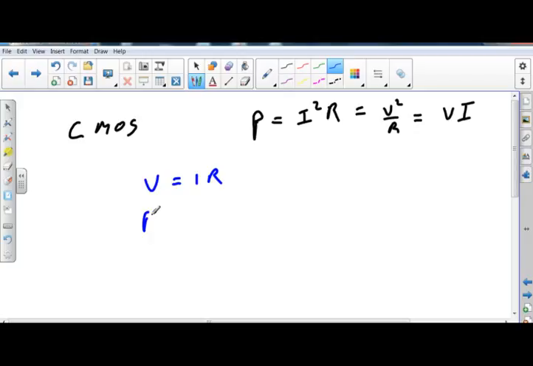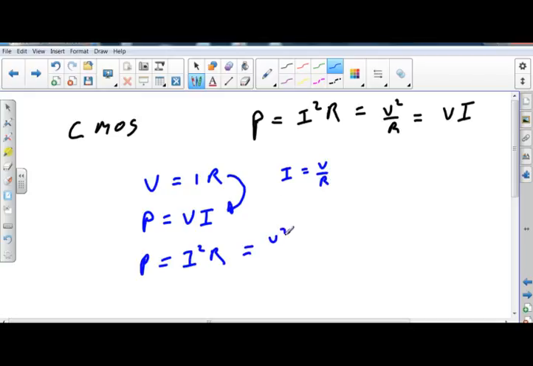And then you have power is voltage times current. And then you can substitute this back into that equation. So power, if I substitute the V as IR, I can have I squared R. If I rewrite this and say current is voltage divided by resistance and put the current in there, now I've got V squared over R. So now I've got 3 different equations for power.